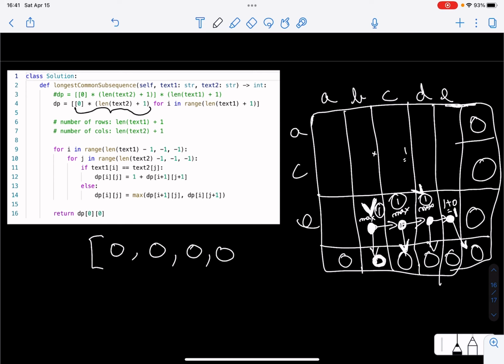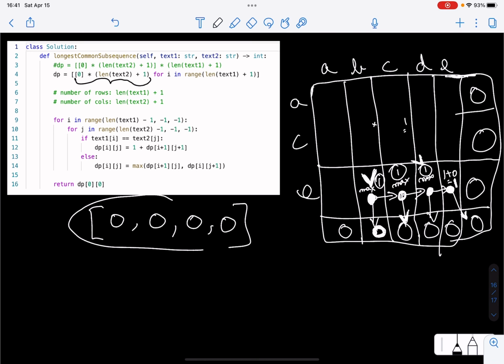Let's say the length of text2 is 3, so it will generate something like this, and we want to repeat this particular row. I made it 4 zeros because we are doing length of text2 plus 1. So length of text2 is 3 and length of text2 plus 1 is 4.